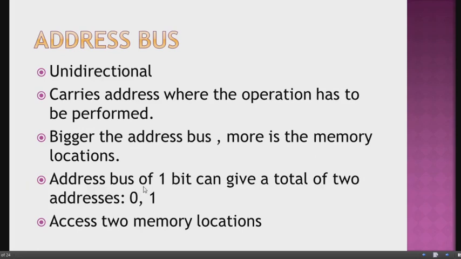An address bus of 1 bit can give a total of 2 addresses. If a single line, a single-bit address bus, is there, then 2 addresses are possible on that bus, 0 and 1. Since there are 2 addresses, 2 memory locations are associated with them, so a 1-bit address bus can access 2 memory locations.